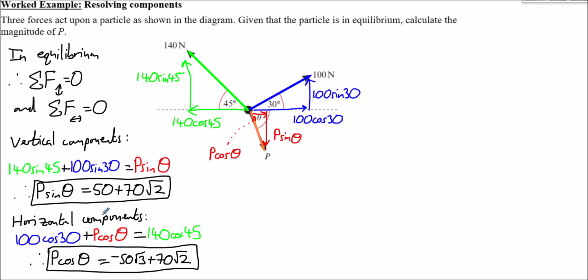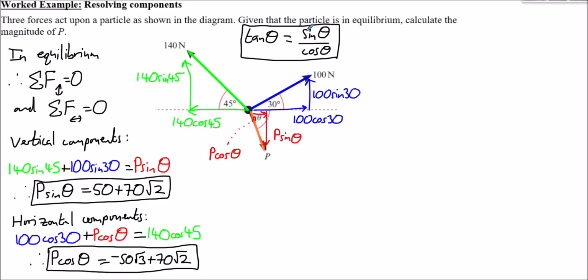Now, this looks like we've hit a barrier. How would you proceed from here? I'm going to remind you of something from year 12. Just remember, tan is sine over cos. So it all links to everything else.